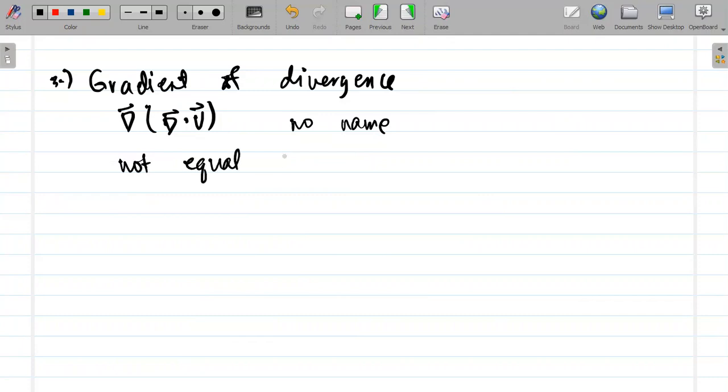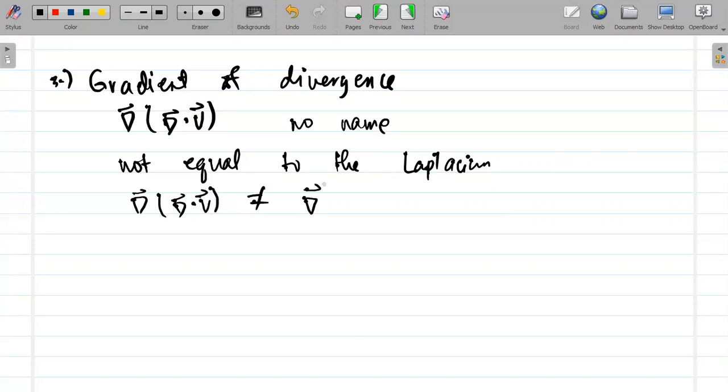So, del ng del dot V not equal to del squared V. So, tandaan nyo class ha. Itong gradient of divergence, not necessarily zero siya. Pero hindi siya equal sa Laplacian. Di ba yung Laplacian ay del dot del V? Ganyan siya. Medyo nakakalito, no? Pero masasanay din kayo, class.